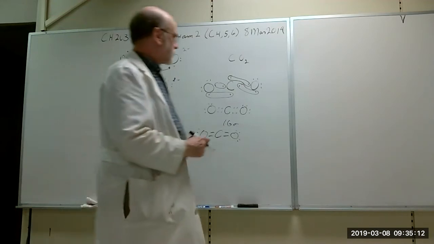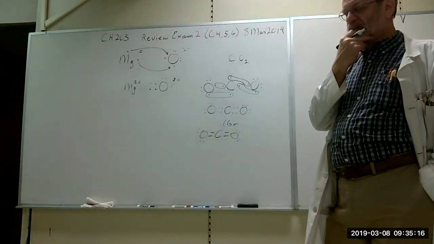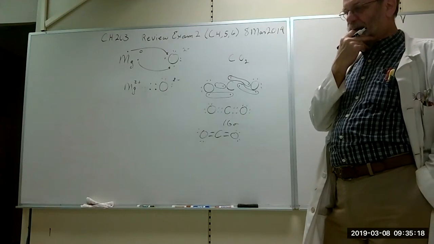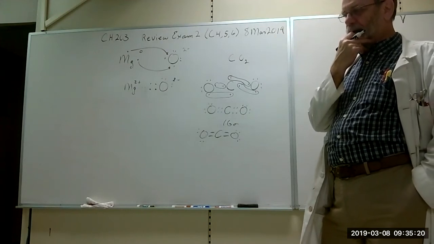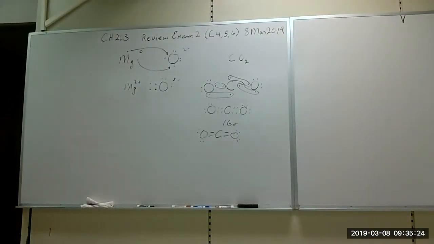For instance, let's see if I can think of a good one. Let me see if they can give me an example so I don't have to rack my brain. Lewis dot structure. We'll probably covalent model right there.